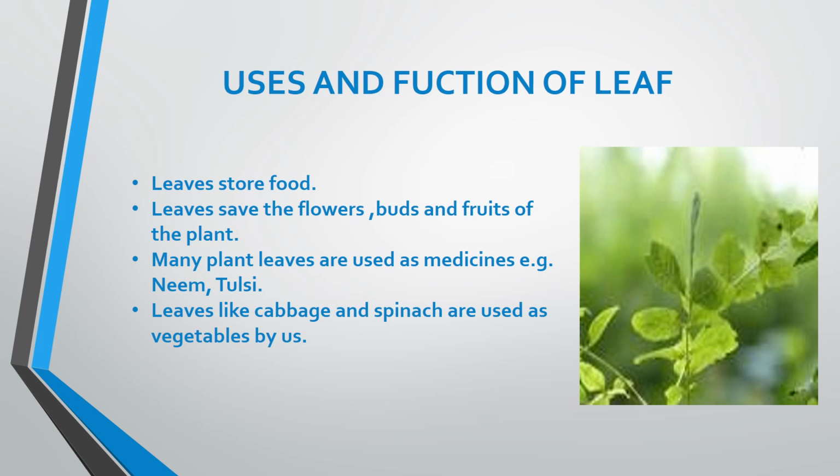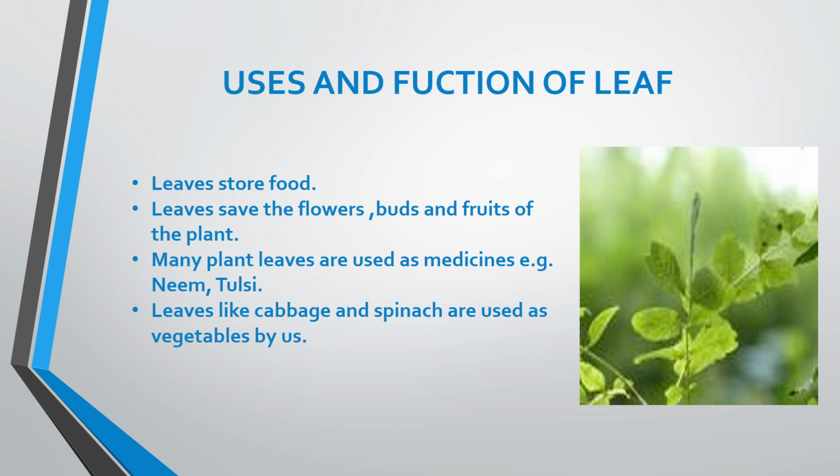During the process of photosynthesis, leaves make the food and leaves store this food for the plant growth. Leaves shape the flowers, buds and fruits of the plant. We all know there are so many leaves in a plant, so these leaves help the plants to shape its flowers, buds and fruits.